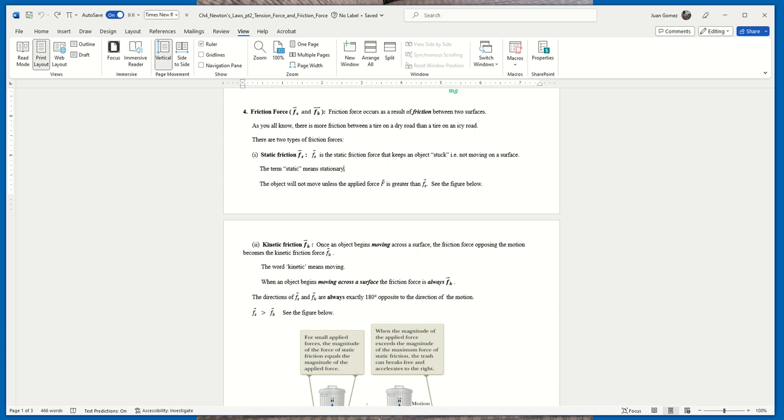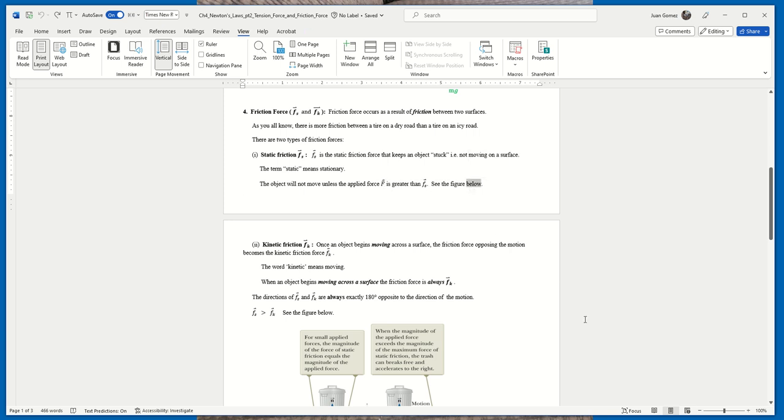Then once you apply a little bit of extra force, it begins to move, and once it's moving, it's a little bit easier to slide across the floor. You have to overcome that Fs to get it to move. Once you do, it's a product of Newton's third law. Then once you get it to move, it's somewhat easier to move. In other words, the applied force has to be greater than Fs for the object to even begin to move.